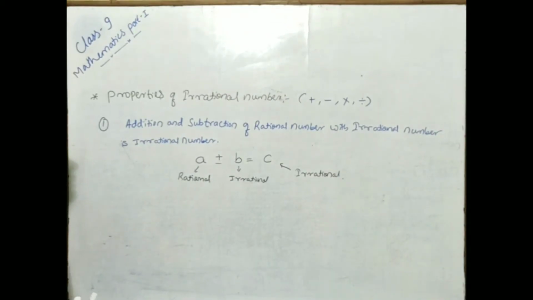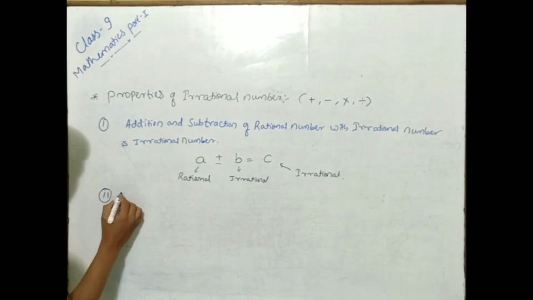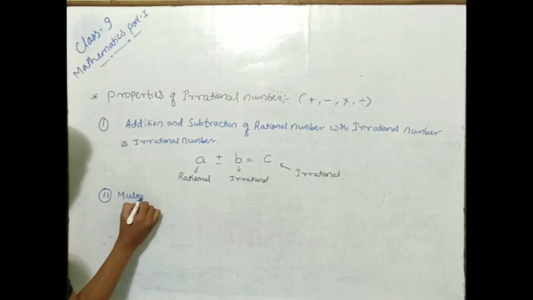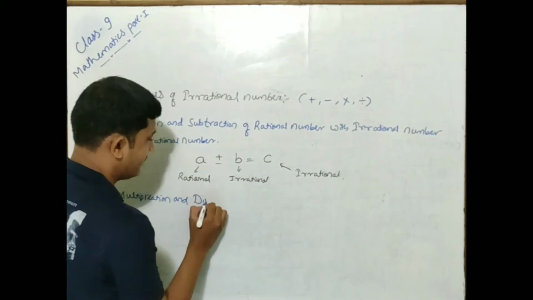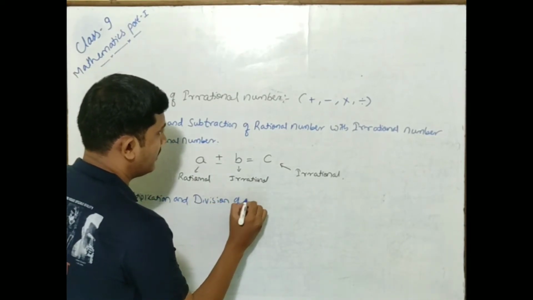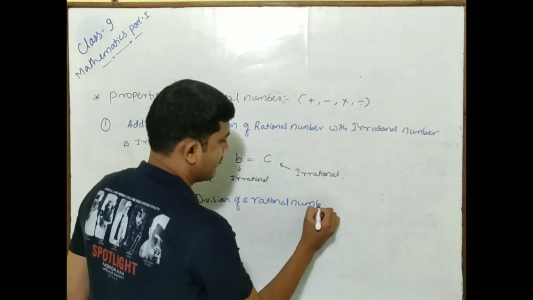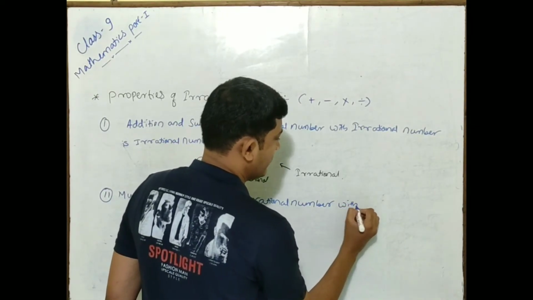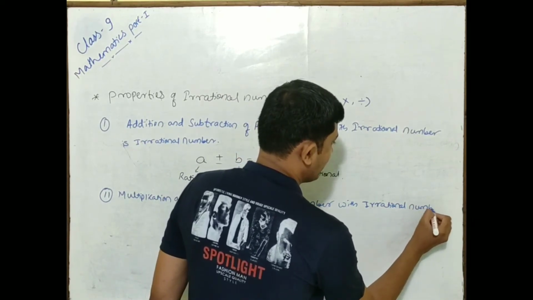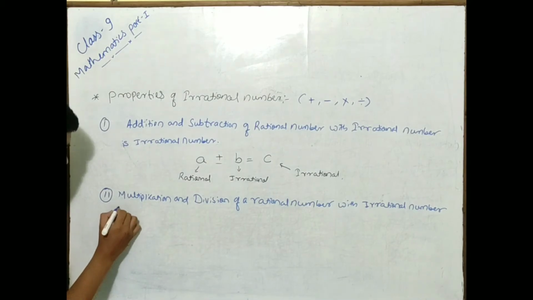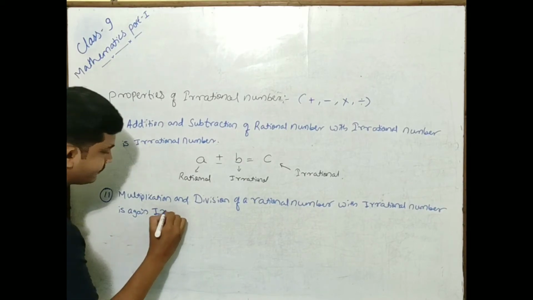In the same way, the second property is for multiplication and division. Multiplication and division of a rational number with an irrational number is again an irrational number.